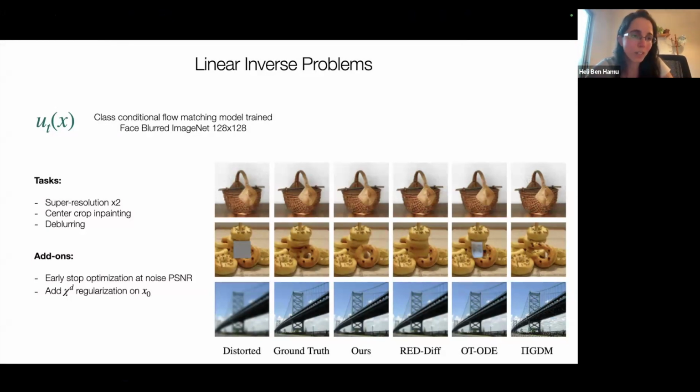I mean, you could find an X0 that generates the noisy image because our models are invertible. So stopping at the noise PSNR is very useful. And the second thing is that we regularized X0 to remain on the square root of the sphere, which also helped in the noisy case.